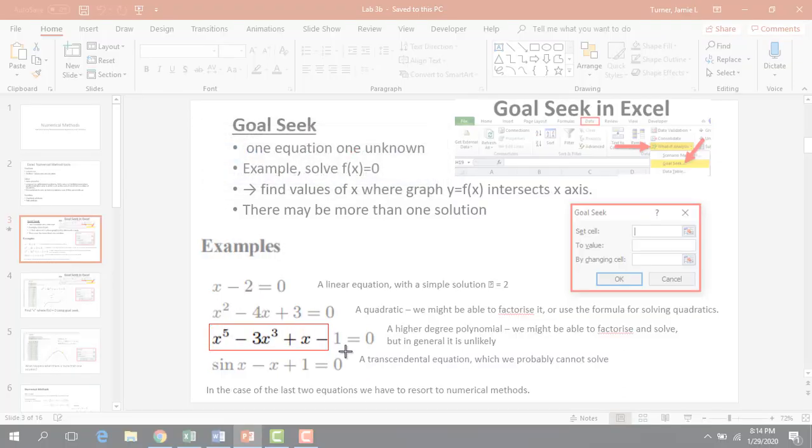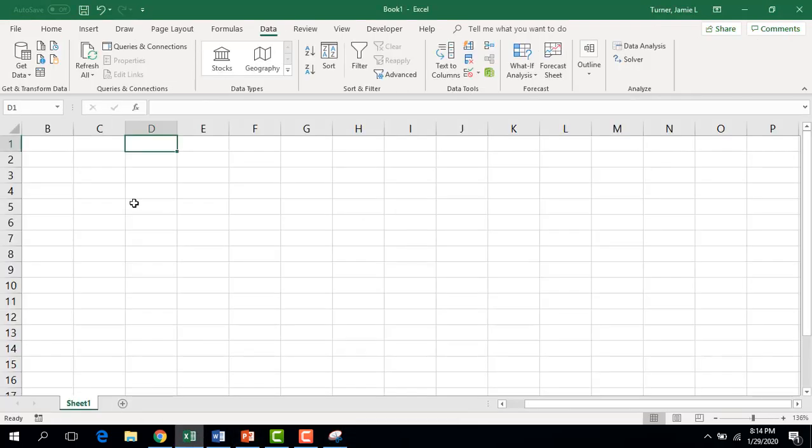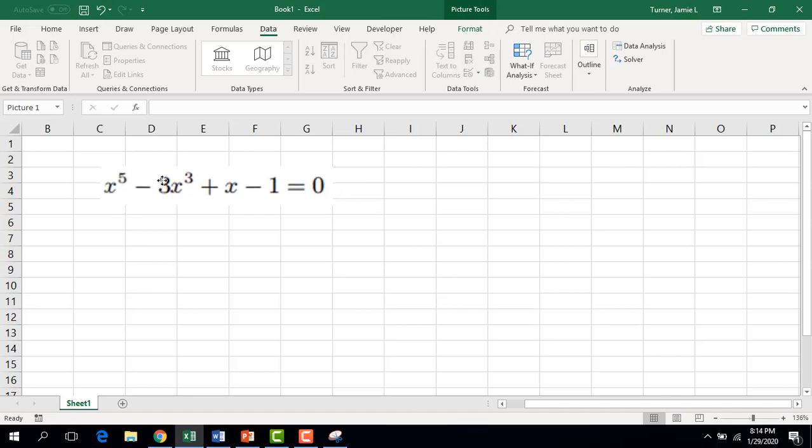So the first one we'll do is this x to the fifth, which would be kind of hard to solve by hand. And we'll just start with a blank Excel sheet. One thing that is nice to do before using GoalSeek is to graph this out. So the graph will tell you at least what range of values we should start looking at.